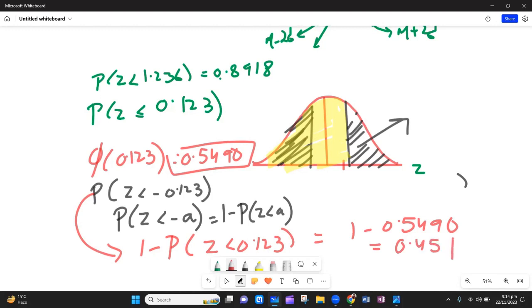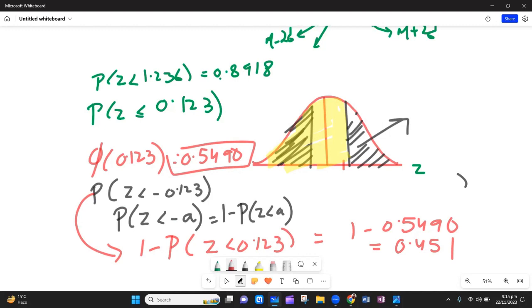So let's quickly recap what we did in the last part. It said find probability Z is less than a negative value. So on the chart, we don't have any negative value. So what we did, we projected the area towards the right, and we noticed that it's the same as probability Z is greater than 0.123. But the chart only reads the area when it's less than and not greater than.